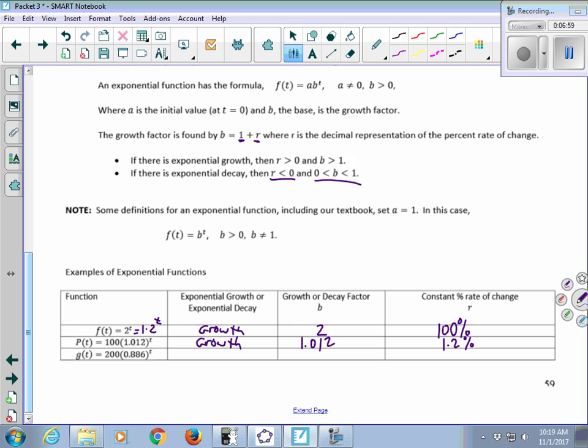All right, G of t, 200 times 0.886 to the t. So again, think of this as representing money in a bank account or in some investment. So we start with $200, and then you're going to multiply 200 by 0.886. So you're multiplying by a number smaller than 1, which means the amount is going to shrink.